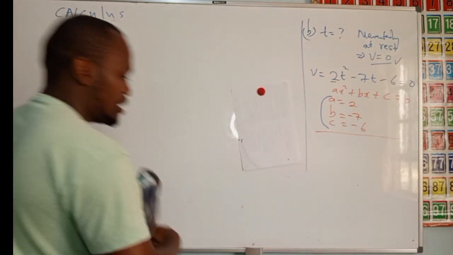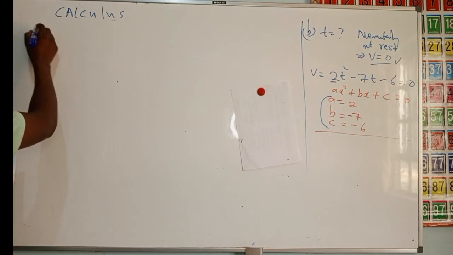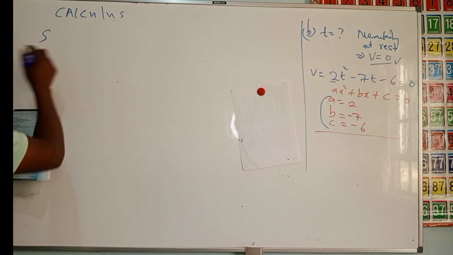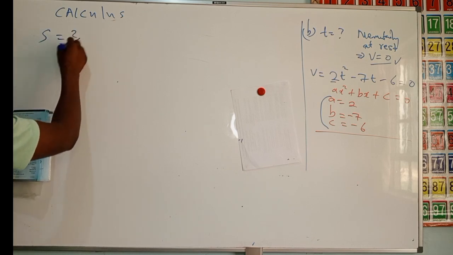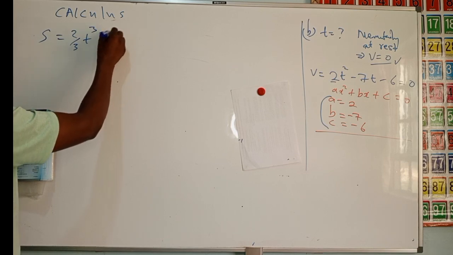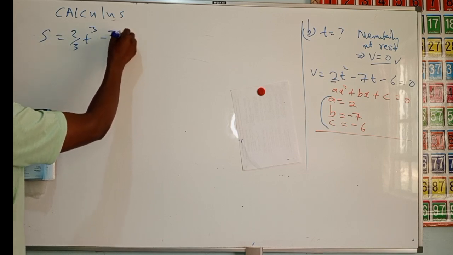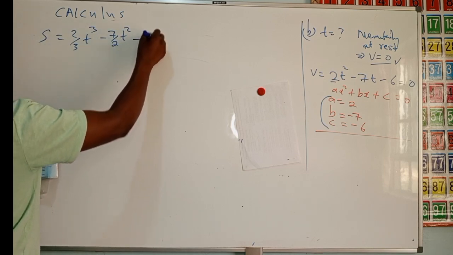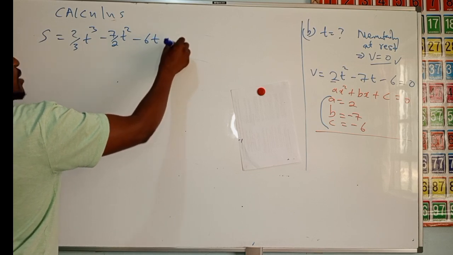There are two equations I will write. The first is the displacement: s equals 2 over 3 t cubed minus 7 over 2 t squared minus 6t plus 8.